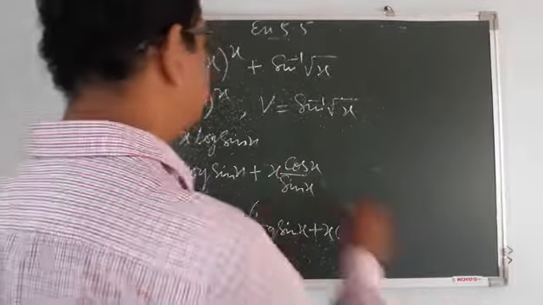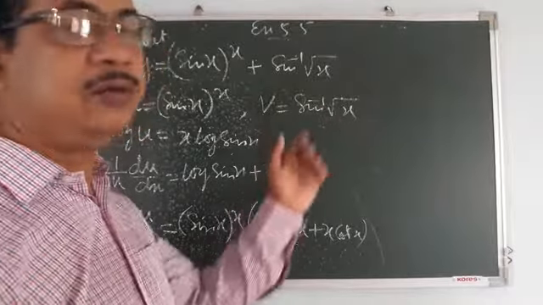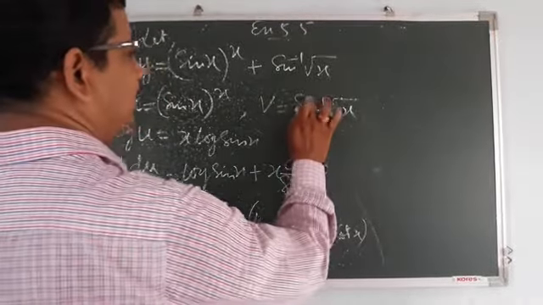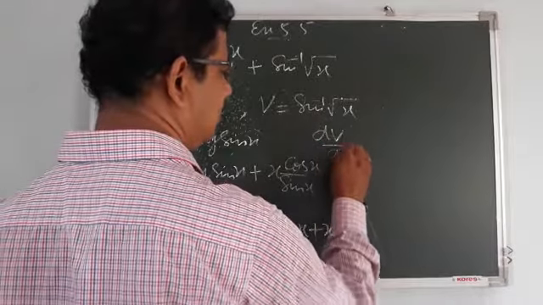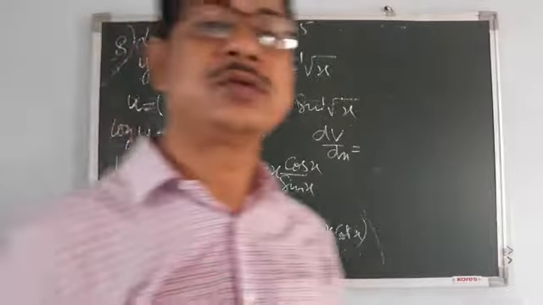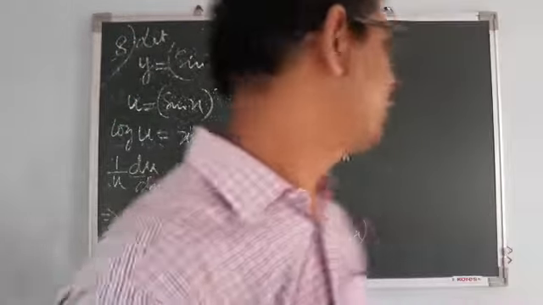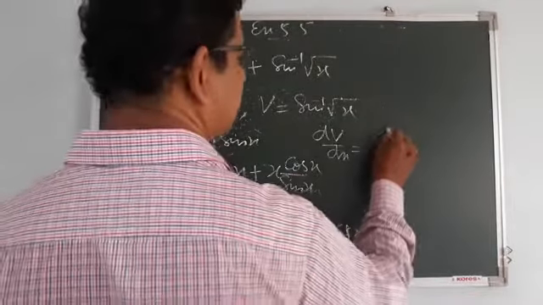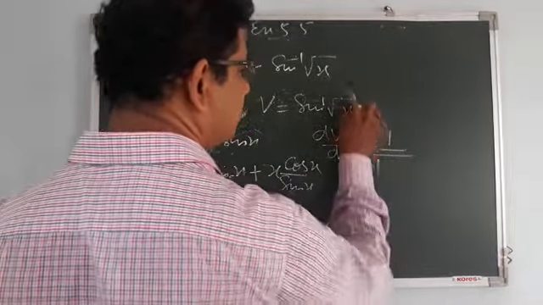Now we have to think of this. Here no need of log, directly you can use, and it is dv dx. This is sin inverse x, its differentiation is 1 by root over 1 minus x squared. So you use 1 by root over 1 minus root x squared.